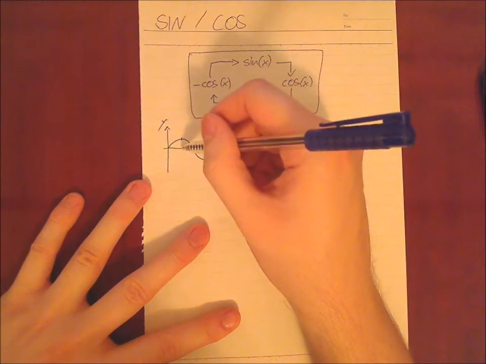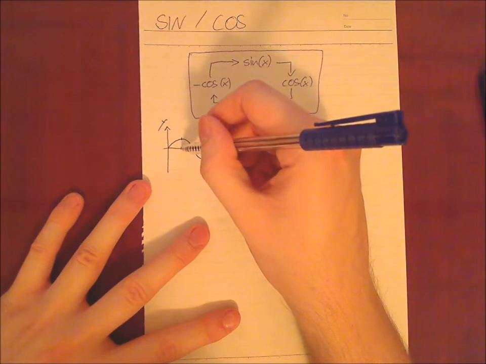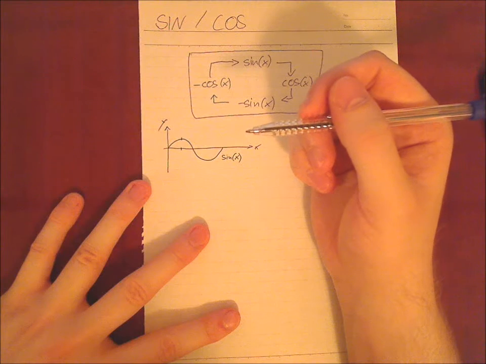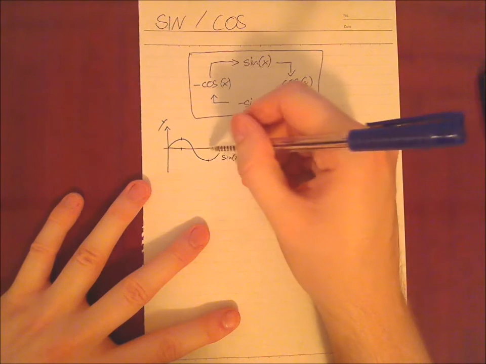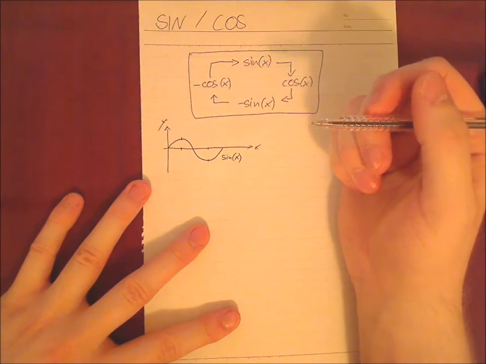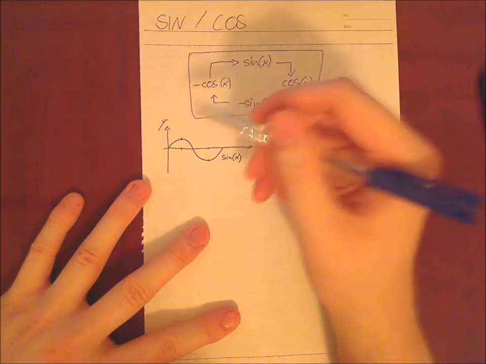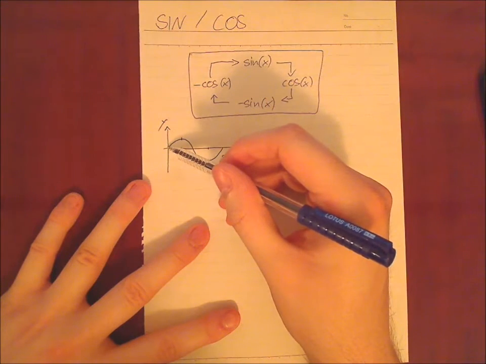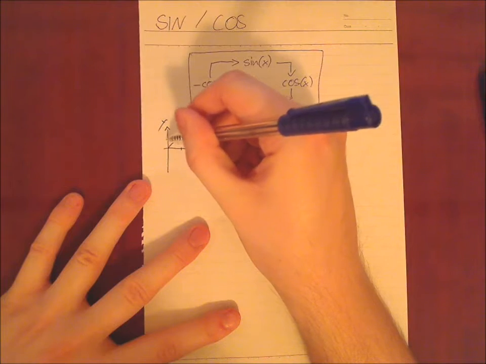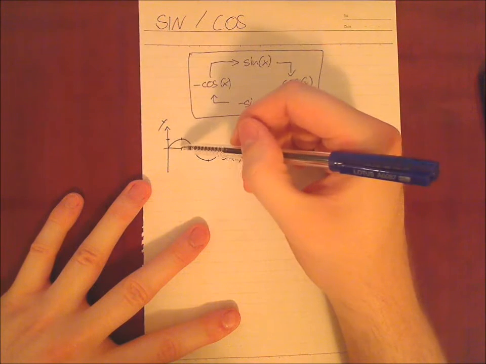So if we want to draw a picture of the derivative, we say, okay, the slope here is 0. The slope here is also 0. So we have these points. What we also know, the slope here is maximum positive, which has to be 1. So we know it starts here, at 0.